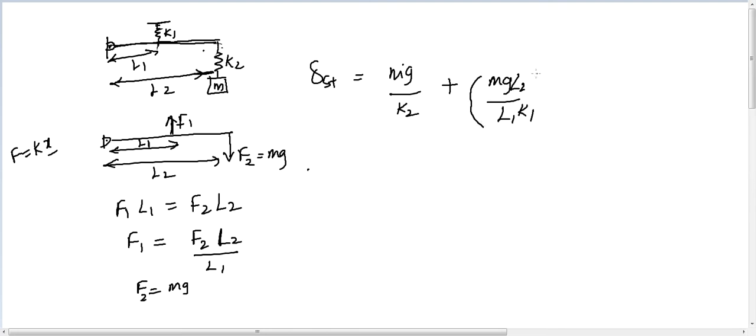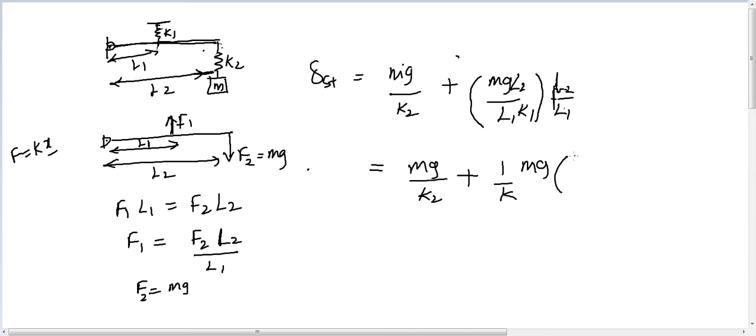This whole thing is multiplied by L2 by L1. So this is mg by K2 plus 1 by K1 times mg into L2 by L1 whole square.